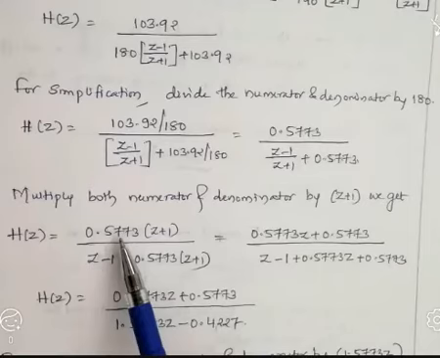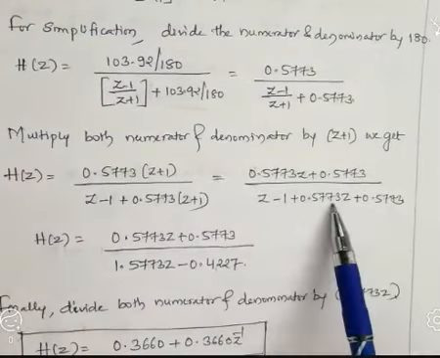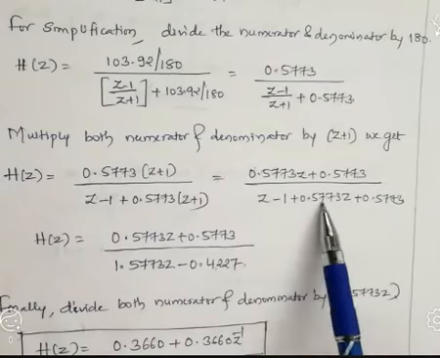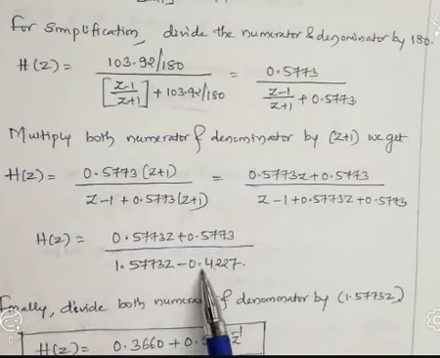Observe here, the coefficient term of z is 1 and the other is 0.5773, so 1 plus 0.5773 becomes 1.5773 z. Then minus 1 plus 0.5773 gives minus 0.4227.